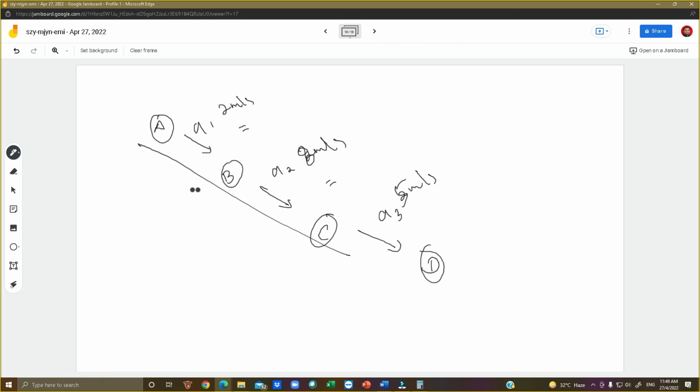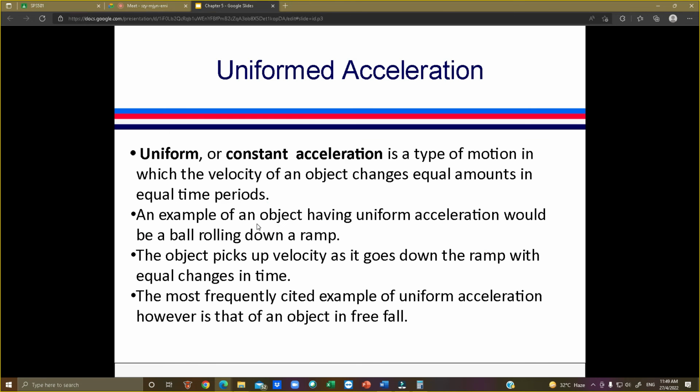Between A1 and A2 the shape may be like this, between A2 and A3 it may be like this. So the object is going to slow down a bit. This is not uniform acceleration. This is uniform acceleration. An example of an object having uniform acceleration is a ball rolling down a ramp, and the ramp gradient needs to be equal along the pathway, and only then will you get uniform acceleration. Those are the two concepts in kinematics.